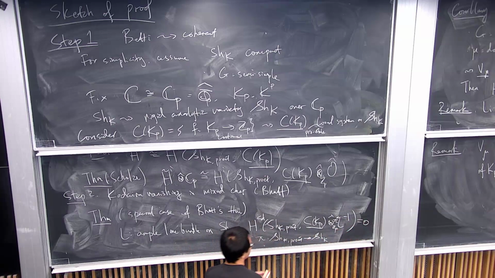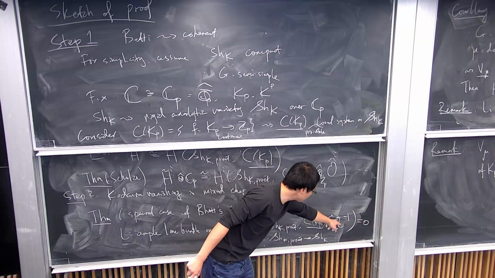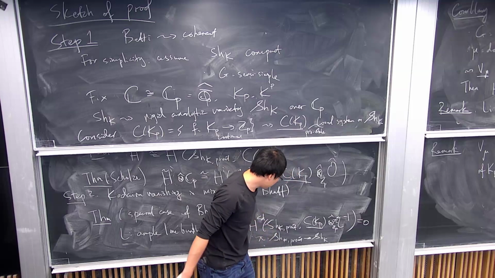Then if I tensor with the dual, the inverse of this line bundle, the cohomology vanishes below middle degree.